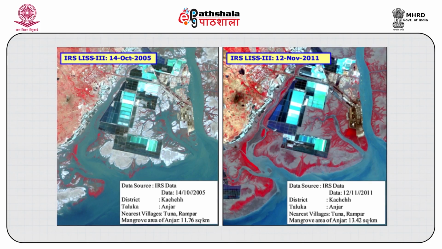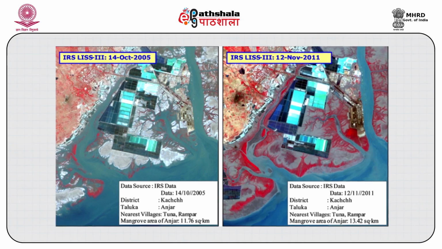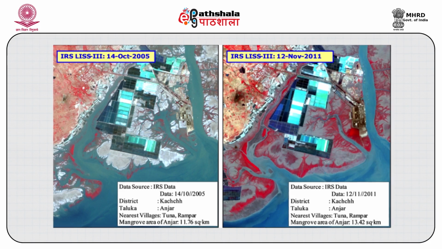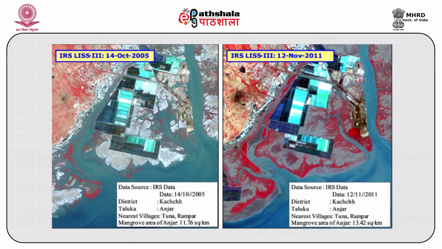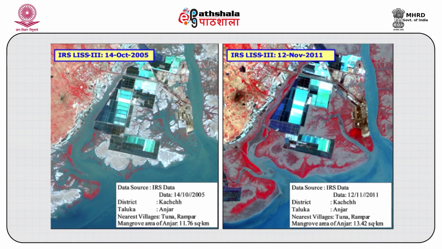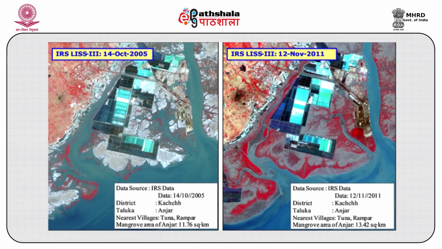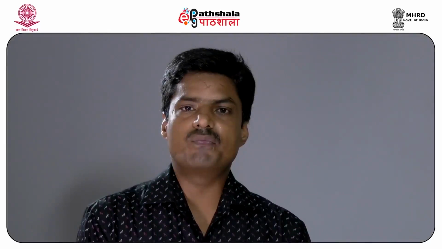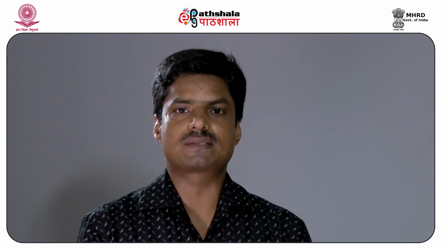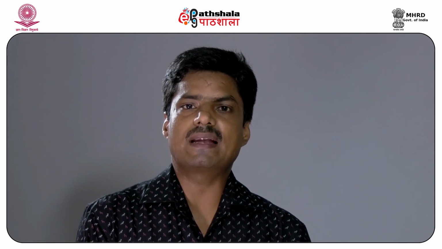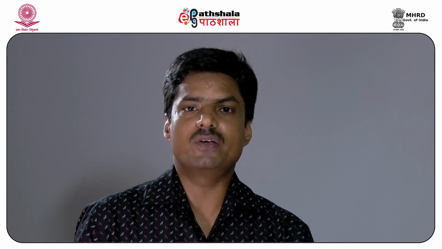In this module, at figure number 7, you have 2 images taken with the help of the IRS or the LISS scanner. These images are of the Kutch region of India. The first image is taken in 2005 and the second image is taken in 2011. With the help of the data collected through LISS 3, we can easily compare both the images and can identify the change in land use pattern.